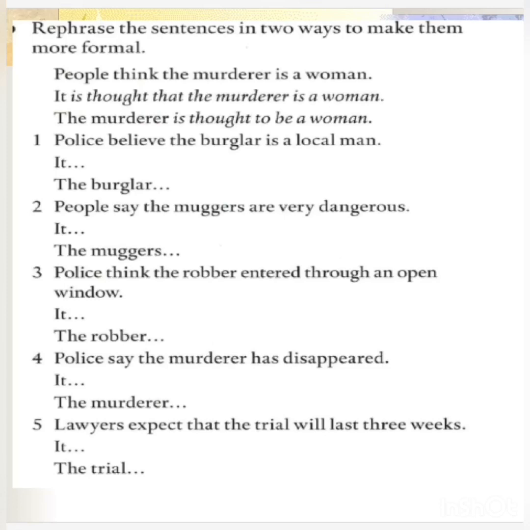For example, people think the murderer is a woman. The paraphrasing is: it is thought that the murderer is a woman. The murderer is thought to be a woman.